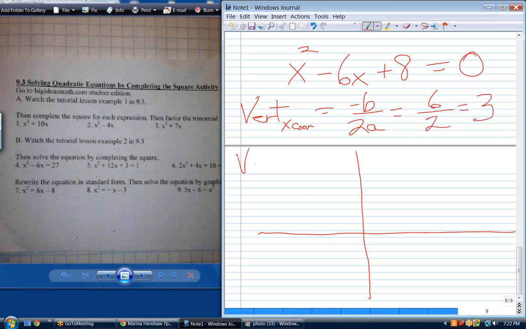Now what is the y coordinate of the vertex? Do you plug in 3 for x? Exactly. Okay, so hold on.